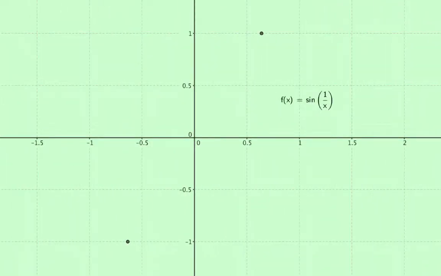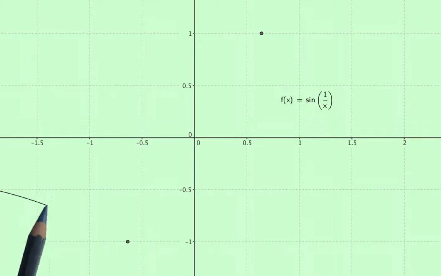I'm going to take more examples of oscillating functions. So let's look at this. Sine of 1 over x as x goes to 0. As x goes to 0, 1 over x goes to infinity. And so this is something that's going to be very, very rapidly oscillating as x approaches 0. We've plotted sine 1 over x before, but let's look at it again.